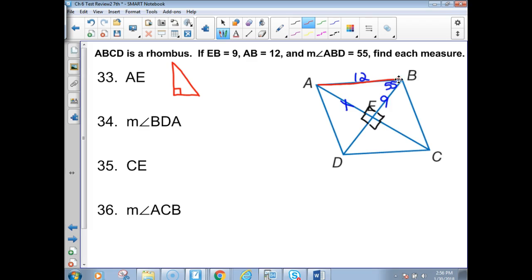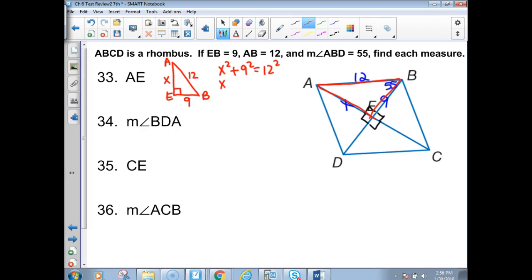This triangle right here is triangle AEB with A at the top, E at the right angle, B at the bottom. 9 is on side EB, 12 is on side AB, and that AB happens to be the hypotenuse of that right triangle. So if we want to find the length of A to E, let's call it X. The legs squared and added, X squared plus 9 squared equals 12 squared.